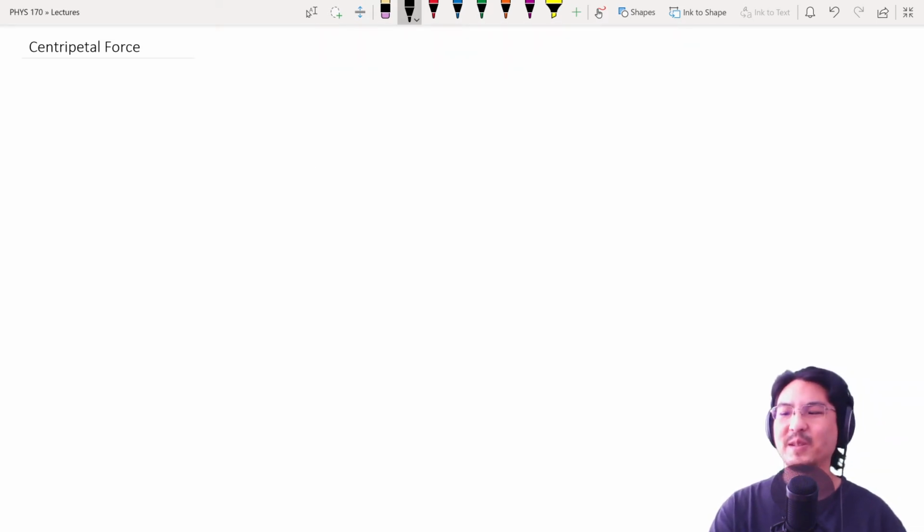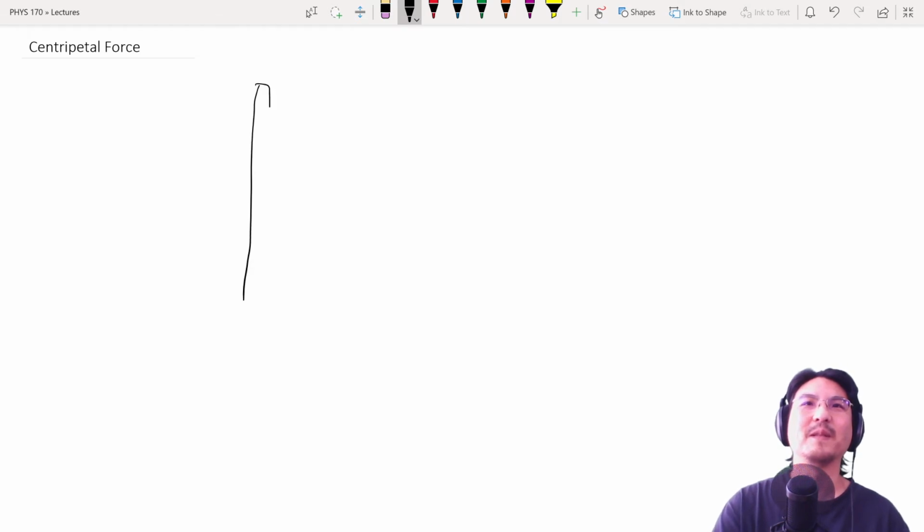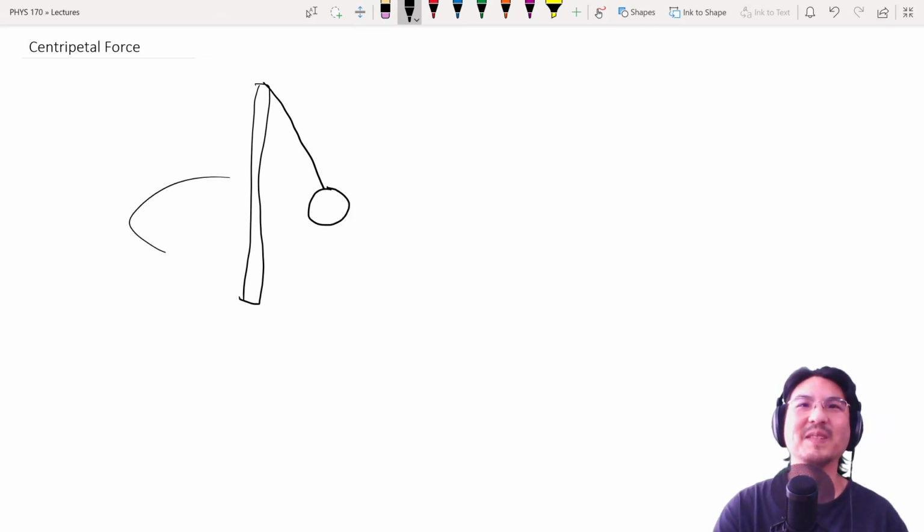So just to simplify the model for now, for analysis, let's break it down to more like there's a post with a rope and then you put a test mass right here. So it's like a tether ball going around in a circle. This is a horizontal circle.